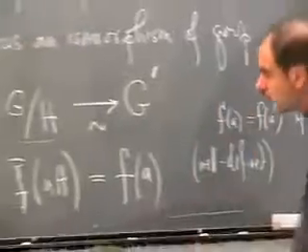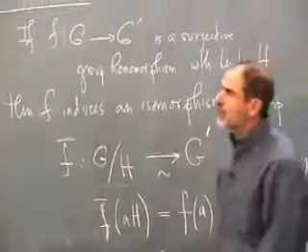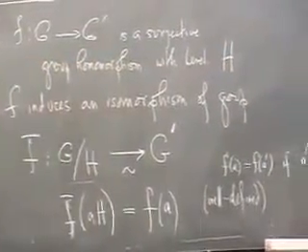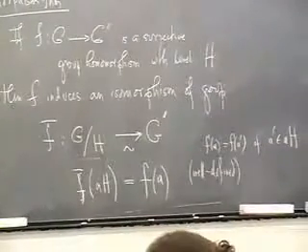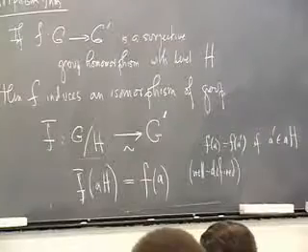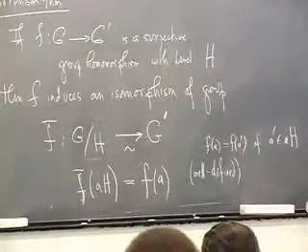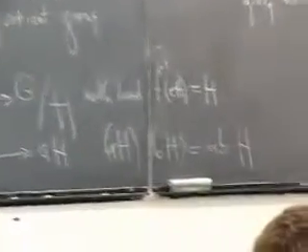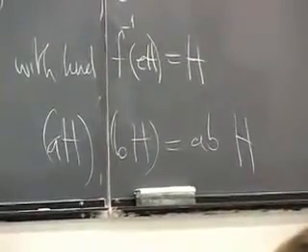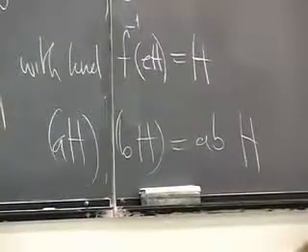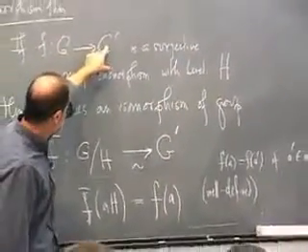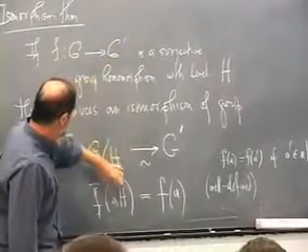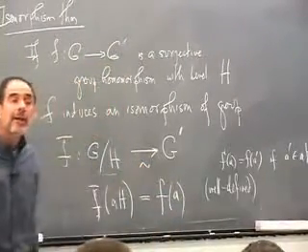And you have to check that it's a group homomorphism. Well, that's because our multiplication law in the quotient group is that AH times BH is ABH. So you check that using the multiplication law in the quotient group, this is actually a homomorphism. It's surjective because the original thing was surjective. So if you wanted to hit something in G prime, you'd find an A in G that mapped to it, because this is assumed surjective, and you take the image of that coset, and you hit your element in G prime.